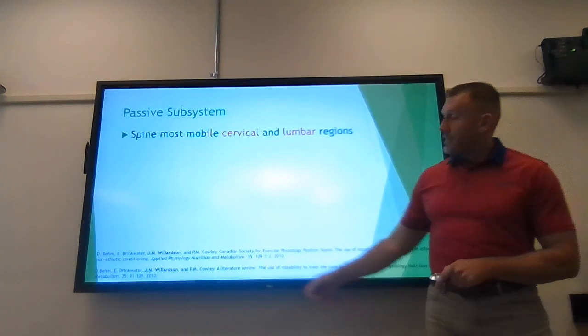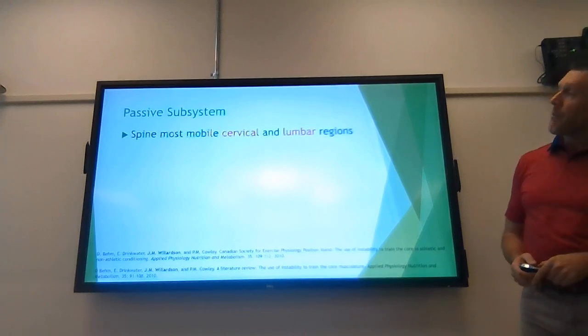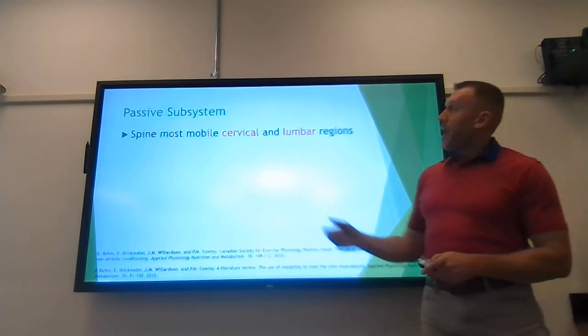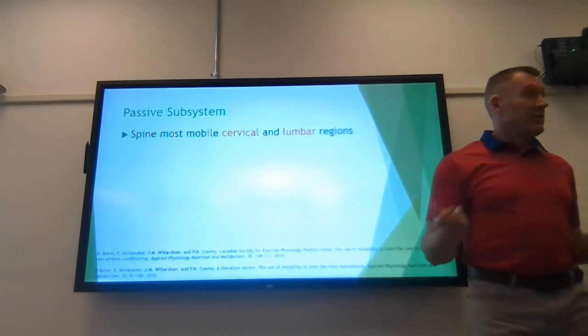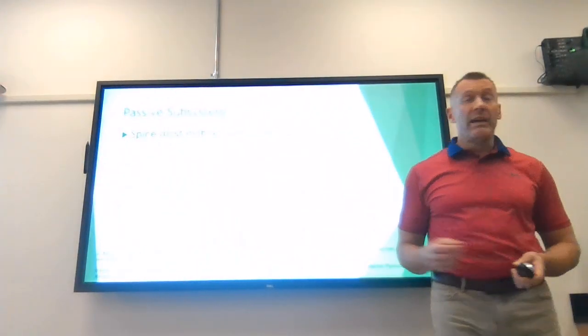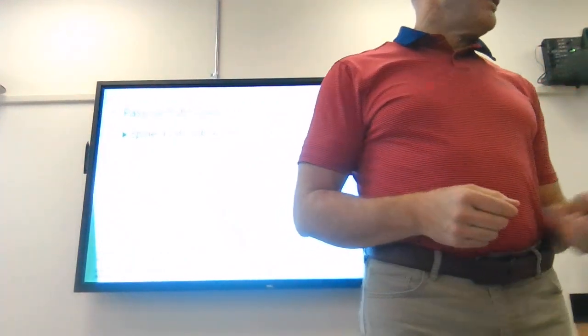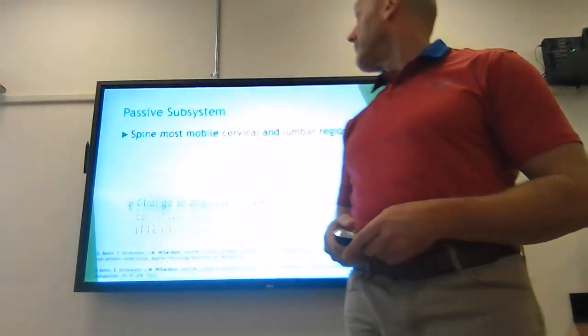Here's a position stand that I wrote a few years ago with some other guys on this topic. Okay, so the spine is most mobile in the cervical and lumbar regions, right? But you already knew that from chapter 11. So why do we have most of the movement in the cervical and lumbar regions?